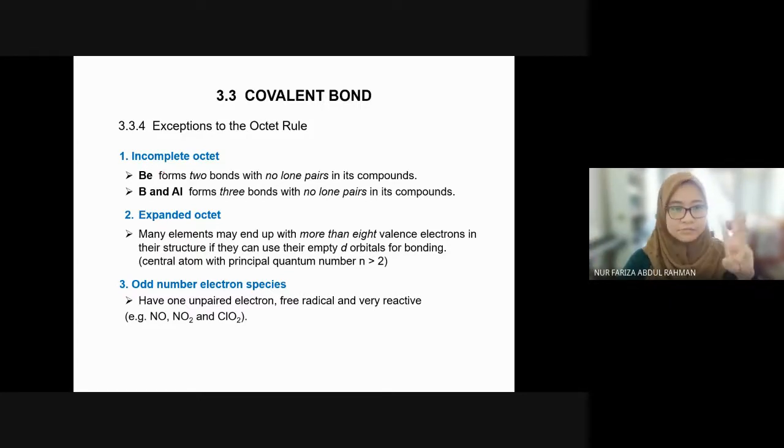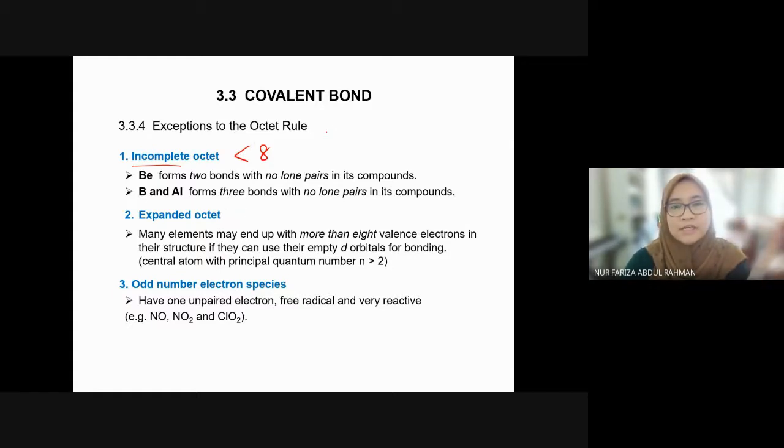So we have 3 types of exception. One is incomplete octet, meaning it has less than 8 valence electrons. Incomplete means not enough. Expanded means expanded.